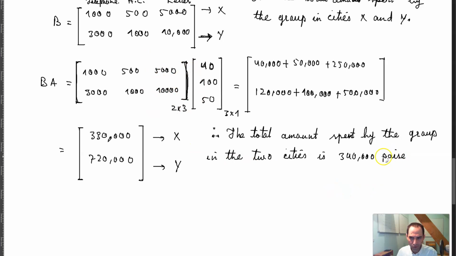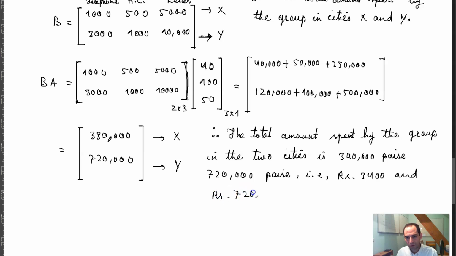These are in paisa, not in rupees, meaning that you have to divide by 100 to get them in rupees, because each 100 paisa is equal to 1 rupee. That is basically 3,400 rupees and 7,200 rupees respectively.